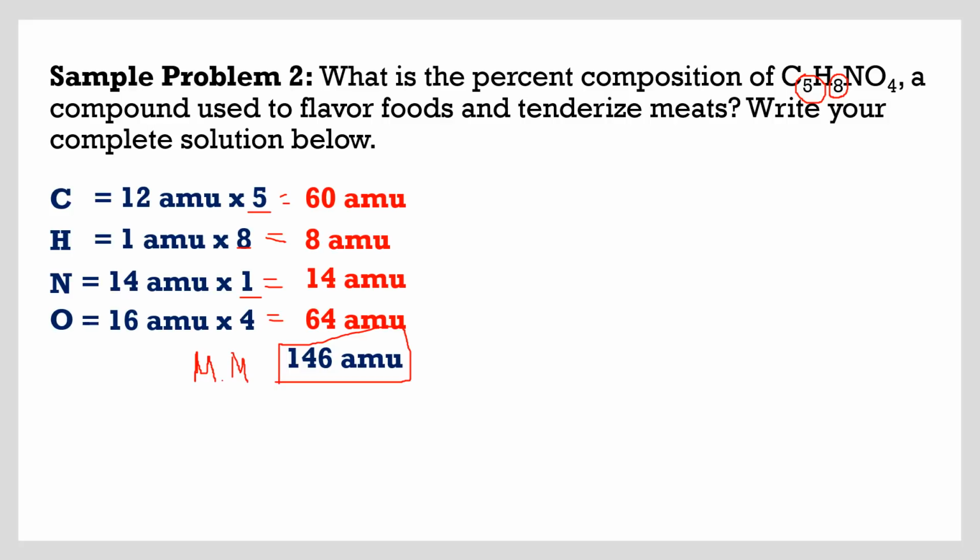Now, the next step is to compute the percent composition of each constituent element, starting with carbon. For carbon, it's mass of the part divided by mass of the whole, right? So it's 60 divided by the mass of the whole, which is 146, times 100.